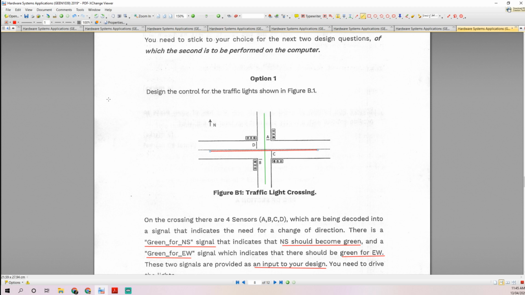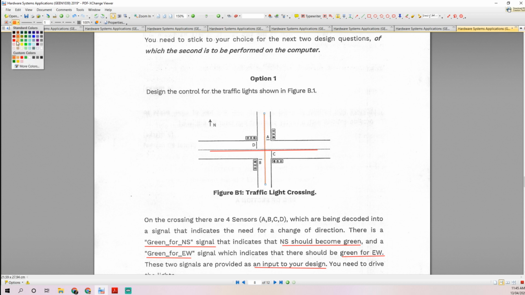All right, they can't both be green at the same time. So while the north-south lights are green and the east-west lights are red, in order for the east-west lights to become green, the north-south lights must first become amber or orange.